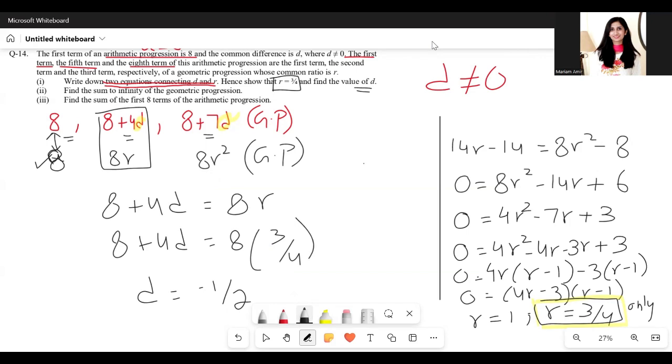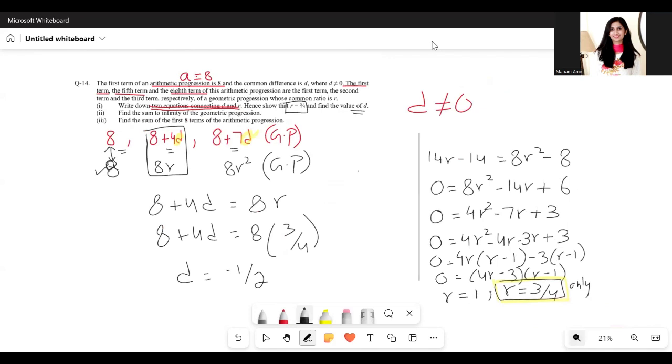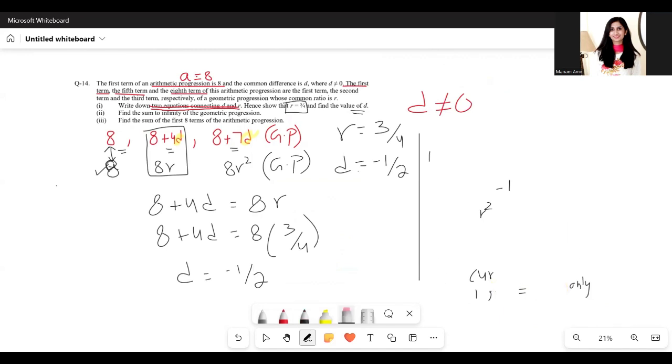Next, part 2 says find the sum to infinity of the geometric progression. Let me write down the values that we got. We got R equals 3 by 4, and D equals negative half. We need the sum to infinity of the GP.